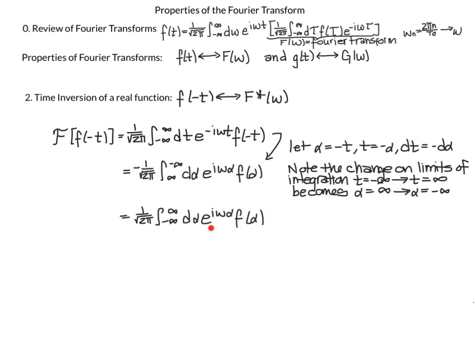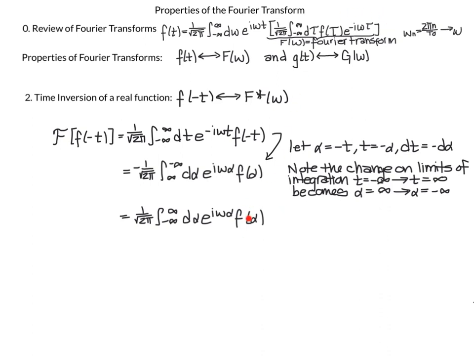Now, this almost looks exactly like our Fourier formula, right? We have our 1 over square root of 2 pi, our integral, negative infinity to infinity, d alpha, this is d tau, but that's all right. e to the, this is just e to the positive i omega alpha, and then our f of alpha.